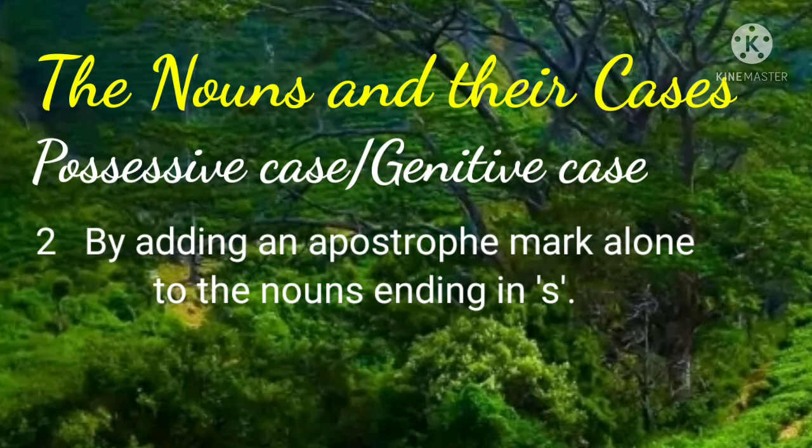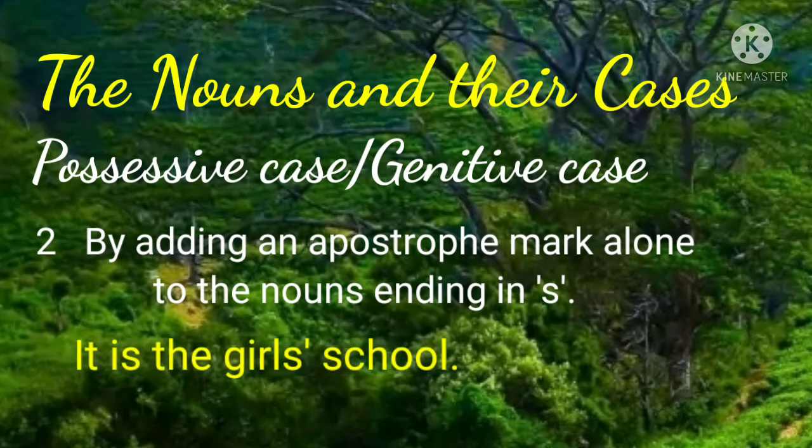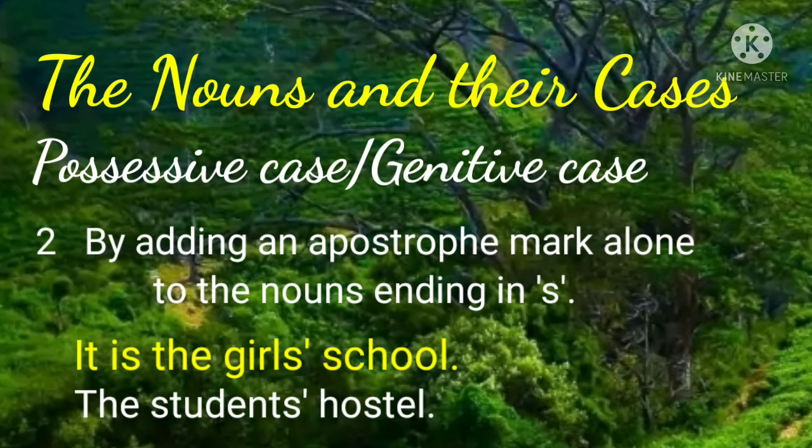For example, it is the girls' school. Here you have to put the apostrophe mark after the letter S. So also the students' hostel. After the letter S, you have to put the apostrophe mark.